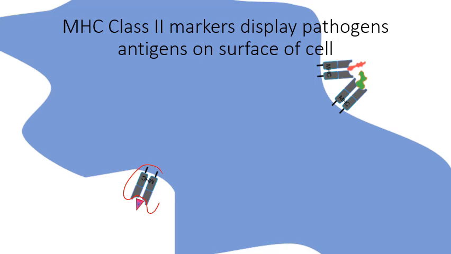So this bit's the MHC Class II marker, and this little pink triangle bit was the non-self antigen that belonged to the pathogen. Same over here on the other side of the image, we've got two MHC Class II markers, each one with its own non-self antigen that it is presenting on the outside of the cell.